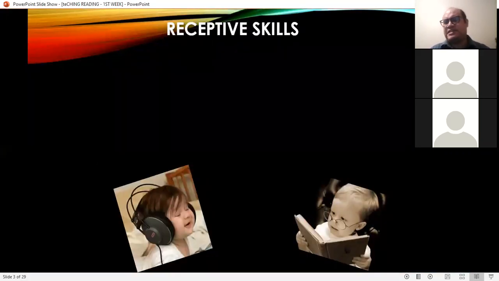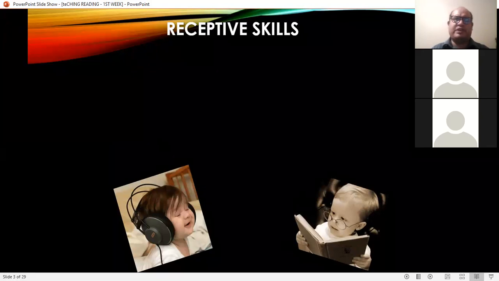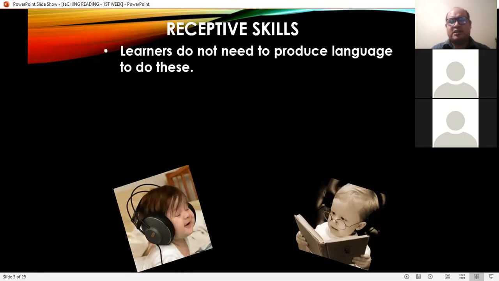The receptive skills. Notice something important related to receptive skills. Learners do not need to produce language to do this. No, some of you told me that. You don't produce, right? So learners do not need to produce language, because when you read or when you listen, you make some learning processes here in your mind, in your brain, all right?